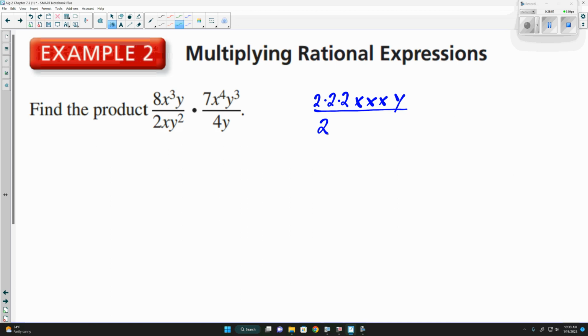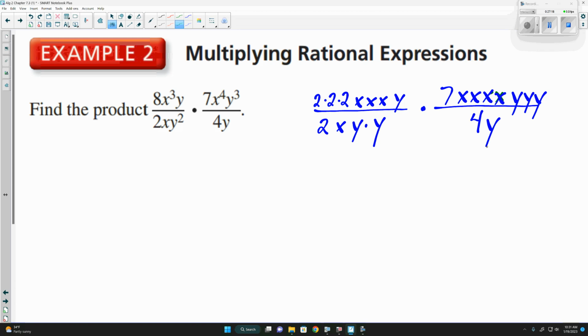In the denominator, we have 2x, and then y squared, so y times y, times, well, 7 is prime. Then we have x to the fourth, which would be 4 x's, y cubed, so 3 y's, over 4y.